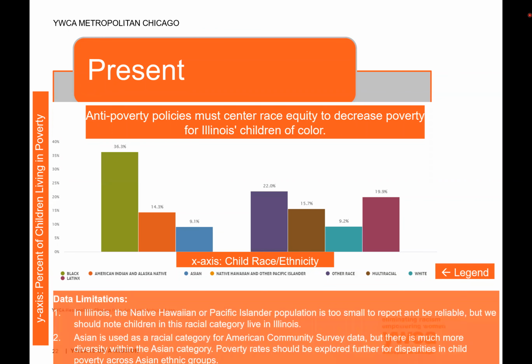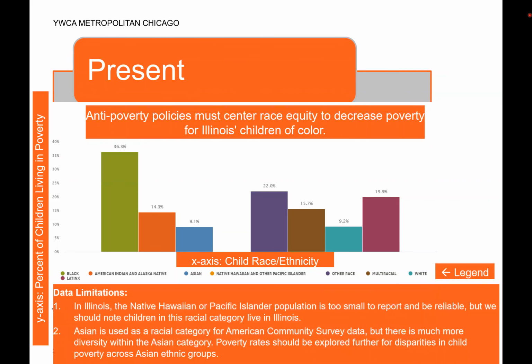And now to address missing data and data limitations. In Illinois, the Native Hawaiian or Pacific Islander population is too small to report and be reliable, especially at the county level. But we know that children of this racial and ethnic identity live here. So let's acknowledge this group and highlight this as a data limitation.